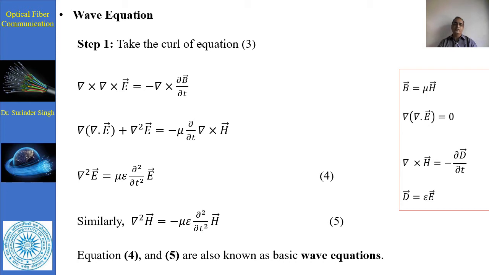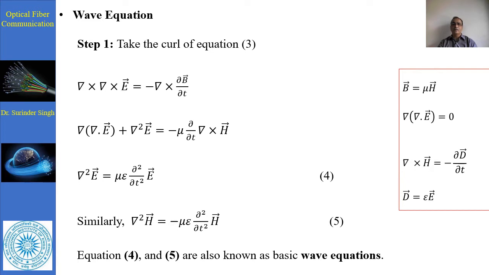So putting this value, we get only del square E, and here del cross H, which we have taken, this del cross H is equal to dD upon dt.